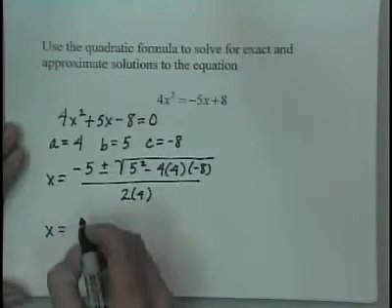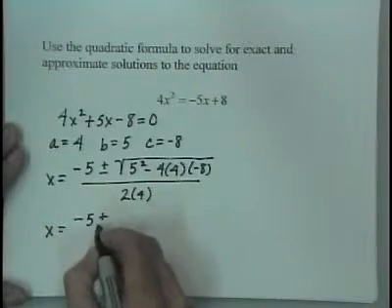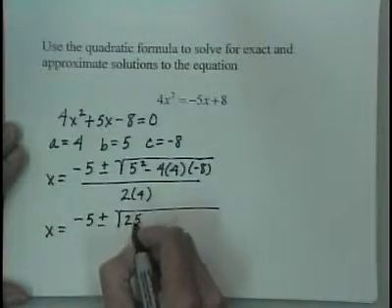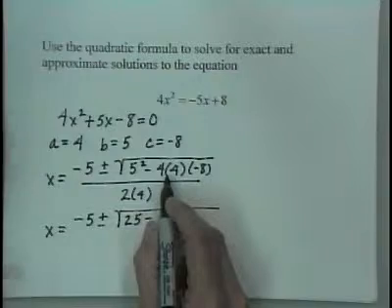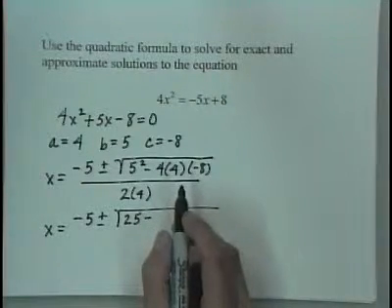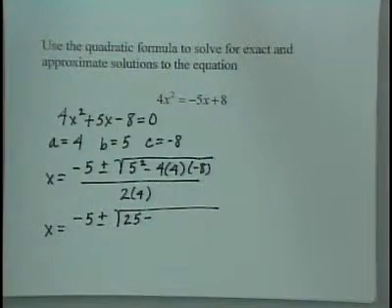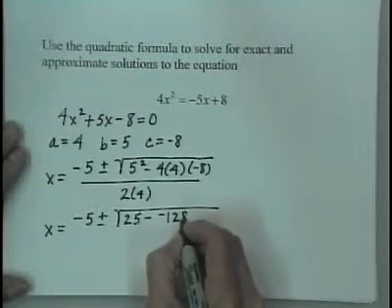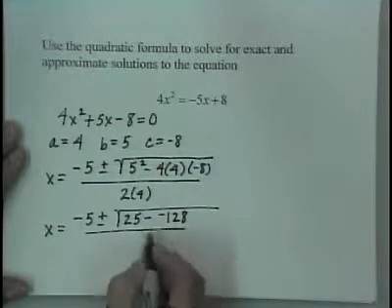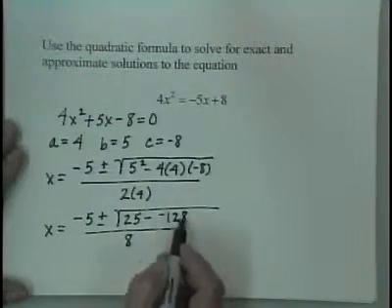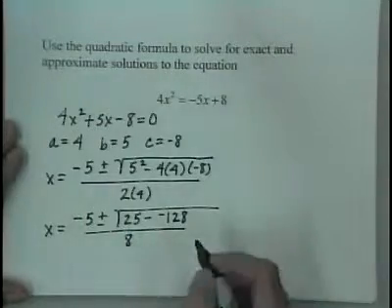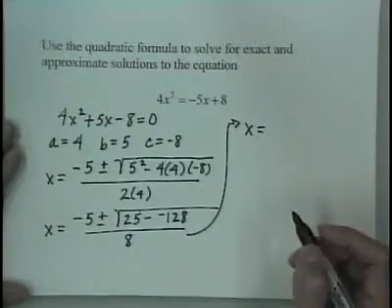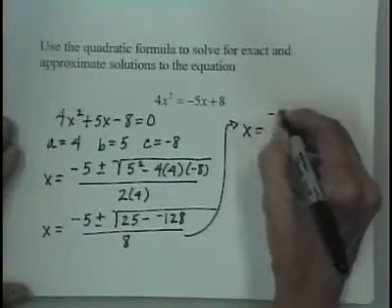Continuing, x is equal to negative 5 plus or minus the square root of 25, 5 squared, minus, now I need to figure out, with the help of a calculator, 16 times negative 8, which is negative 128, and divide that by 8.